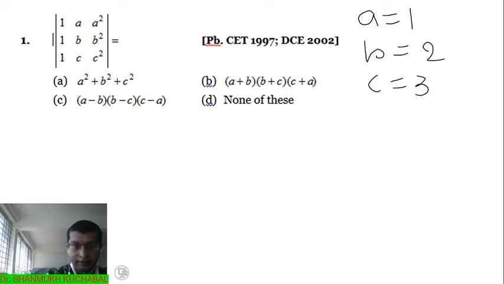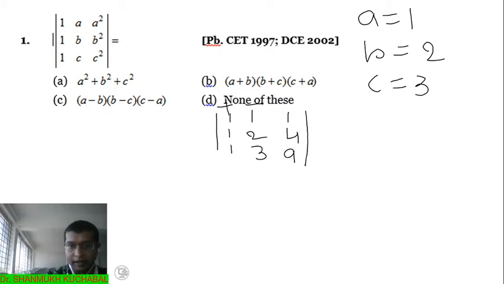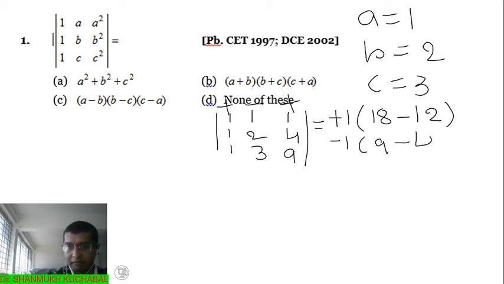Then we'll substitute here: 1 1 1, 1 2 3, and a square 1 square, 2 square 4, 3 square 9. We assign signs here, plus minus plus. So plus 1 outside, 18 minus 4 3s are 12, then minus 1 outside, then 9 minus 4, then plus 1 outside, 3 minus 2.